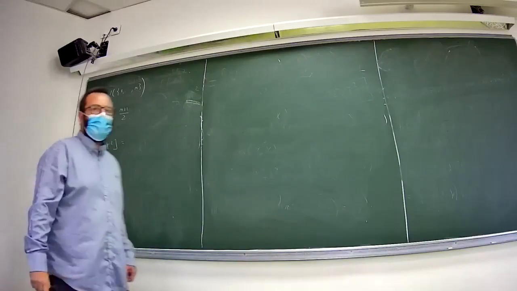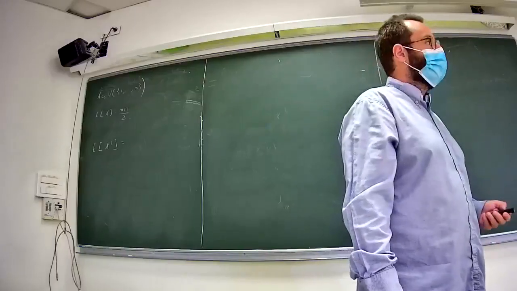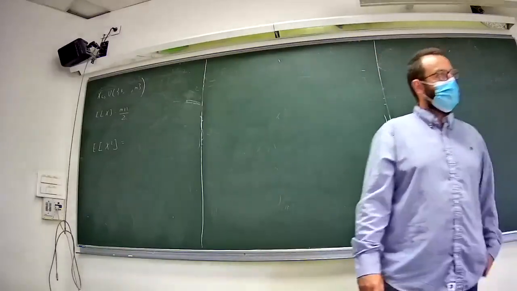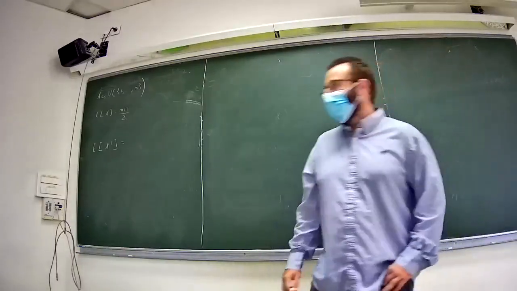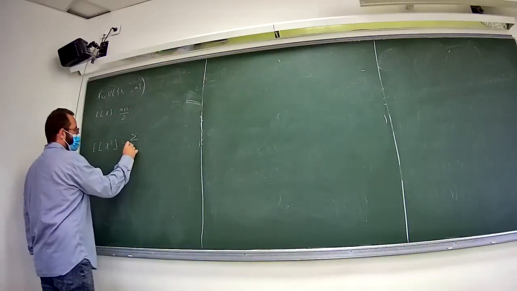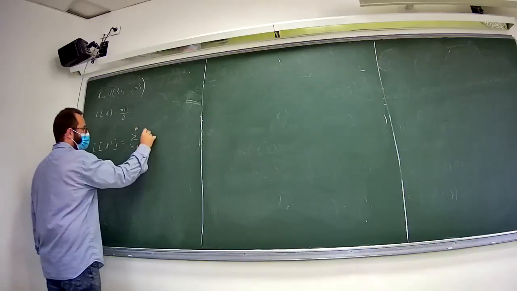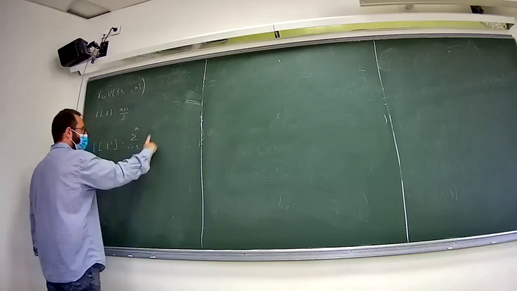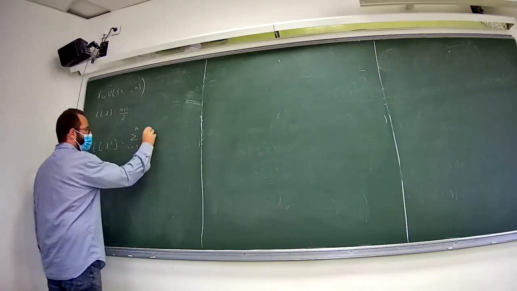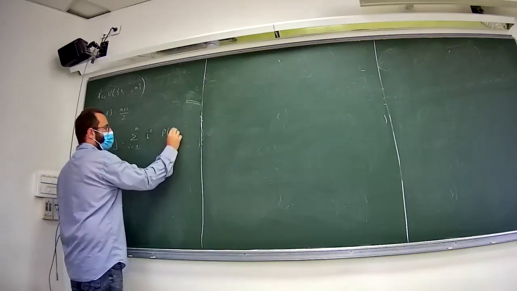So for the expectation of x squared, we are going to use the formula in blue here, for the square. It will be the sum from i equal to 1 to n of i squared times the probability that x is equal to i.